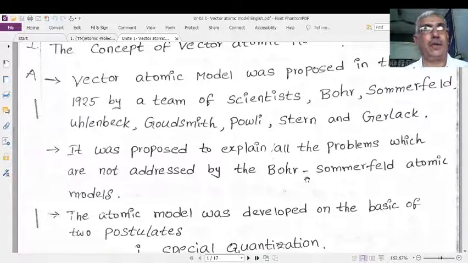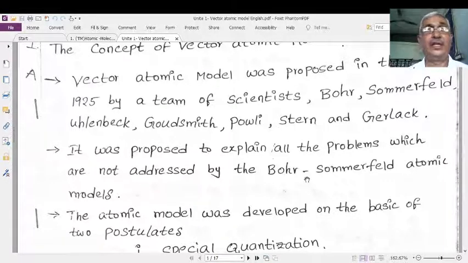According to this model, every electron revolves around the nucleus either in a circular orbit or in an elliptical orbit, but they will rotate only in some specific orbits. It means that electron rotational orbits are quantized, both in magnitude and direction.